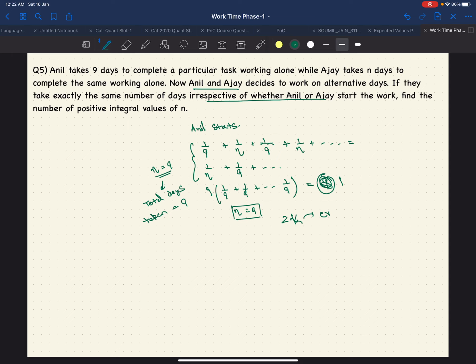So let's say 2k is the total number of days in which the work gets done. So what is the total work done? k times (1/9 + 1/n), because as there are 2k days, in k days Anil is working and in k days Ajay is working. And this is always equal to the completed work.